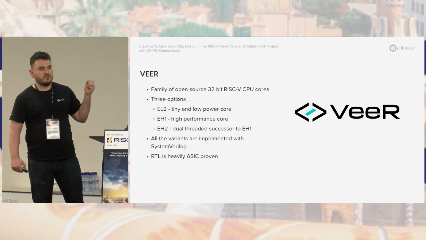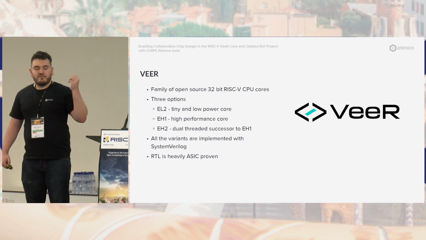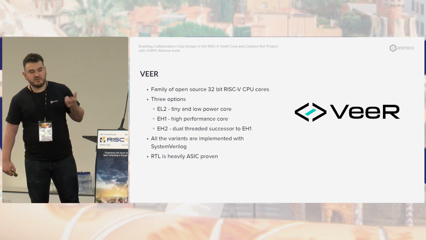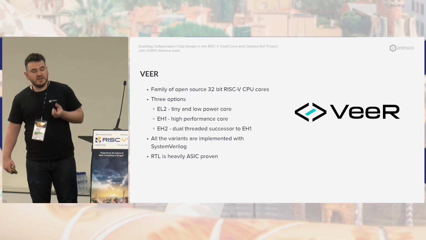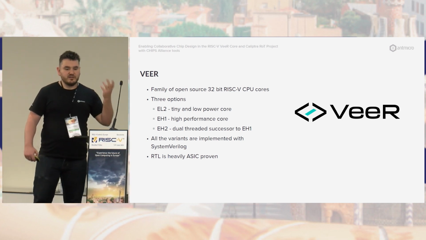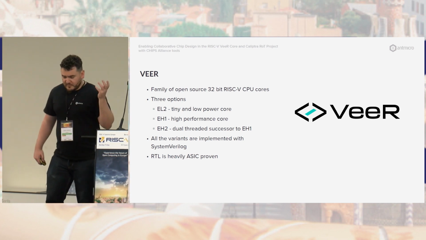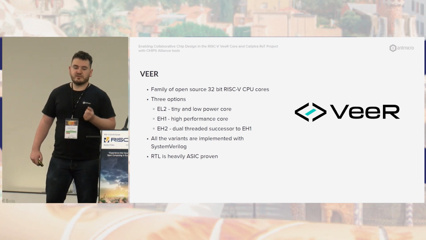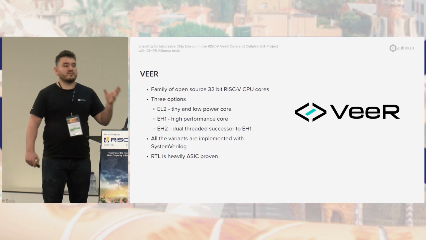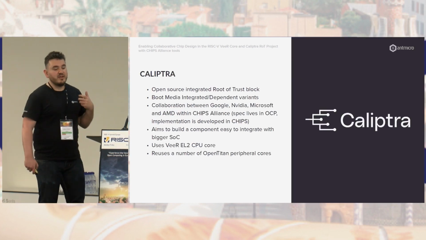There is EL2, a very small, tiny processor focusing on low power and usage in small microcontrollers. There is the high performance core EH1 and its follow-up dual-threaded EH2. All variants of those are implemented in System Verilog, and the RTL is ASIC proven, so we can freely take it, integrate it with your bigger system, and use it.